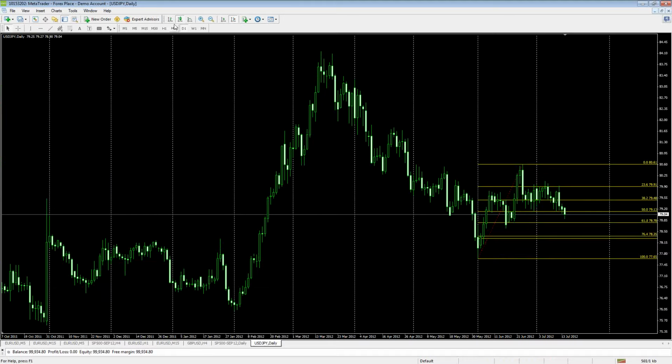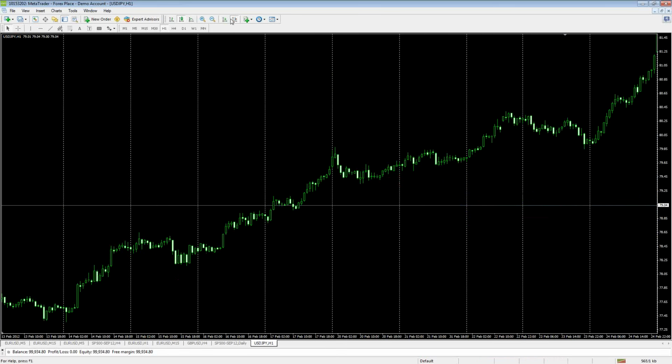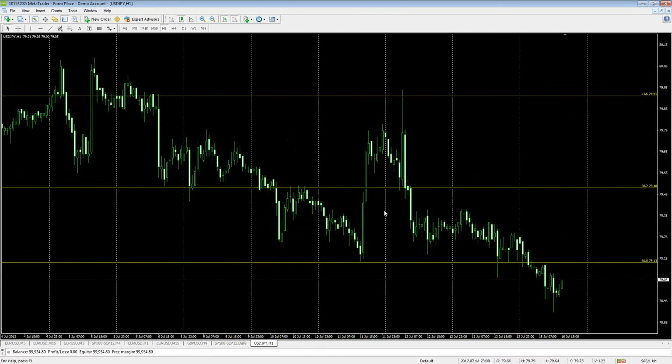They can be very, very strong, especially on long-term charts like the daily chart, the 4-hour chart. So you can see, even if you trade the 1-hour chart, you should still be aware of longer time frame resistance and support levels, such as Fibonacci levels.